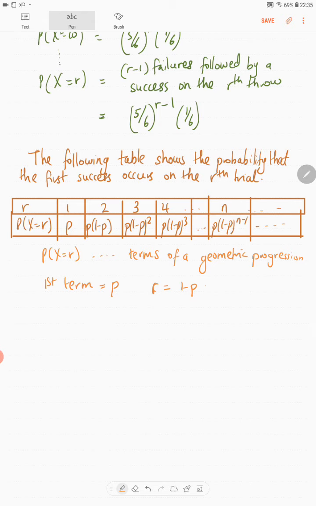Let's now consider the sum of the probabilities. Since it is an infinite series, the sum of the probabilities is equal to the sum to infinity of the geometric progression.